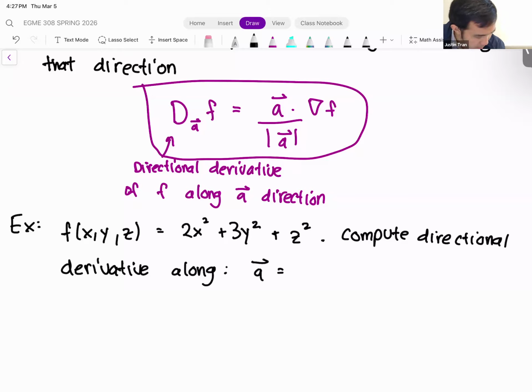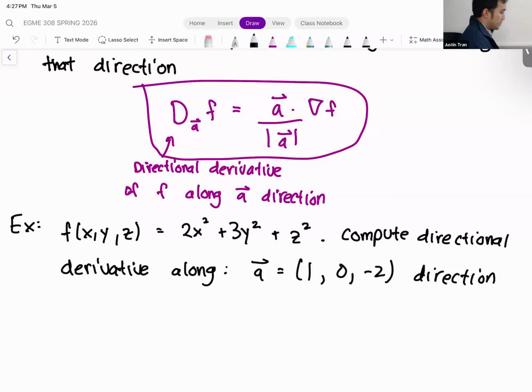So our a vector here is going to be defined as 1, 0, minus 2. All right, and so this is pretty straightforward. We're just going to plug into the expression above, right?